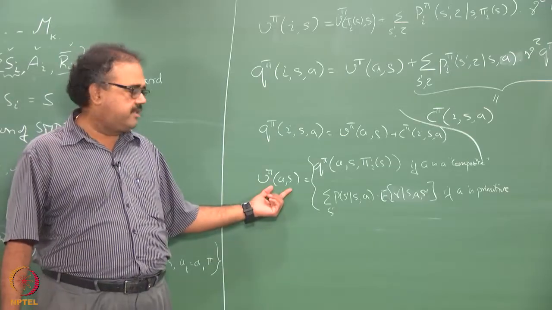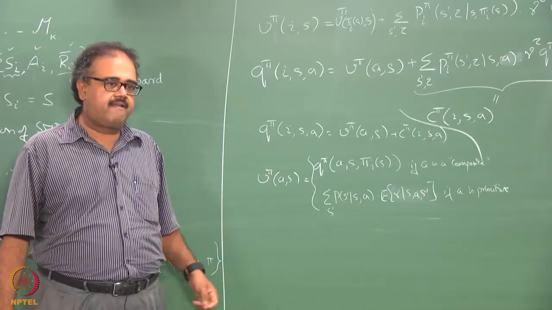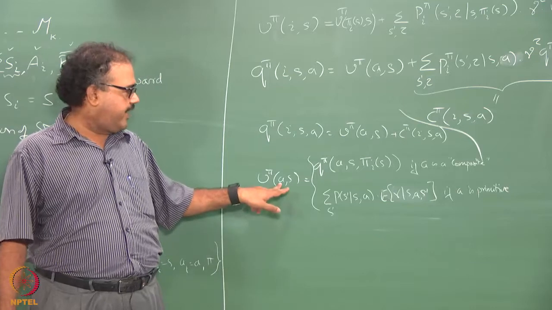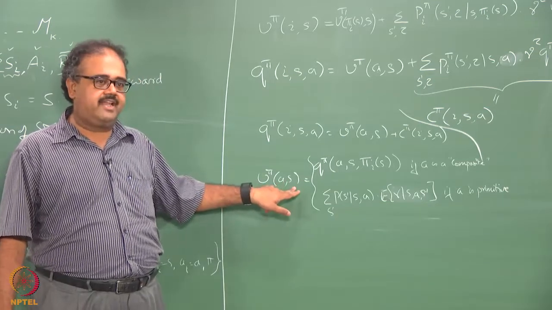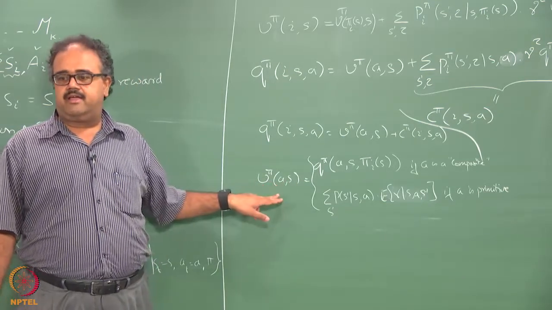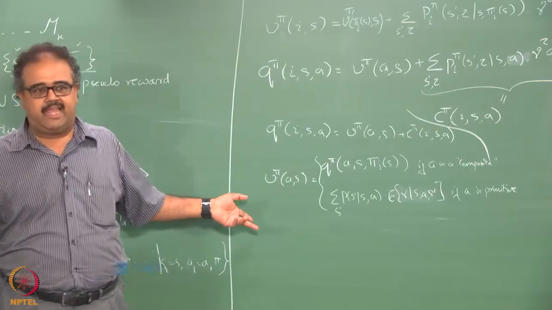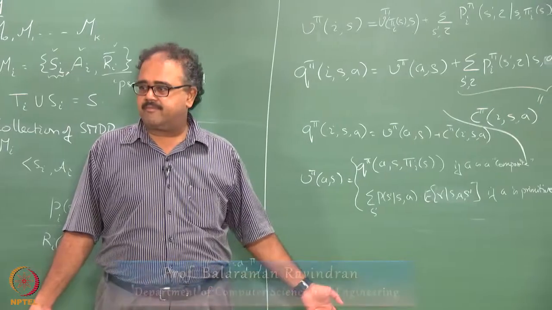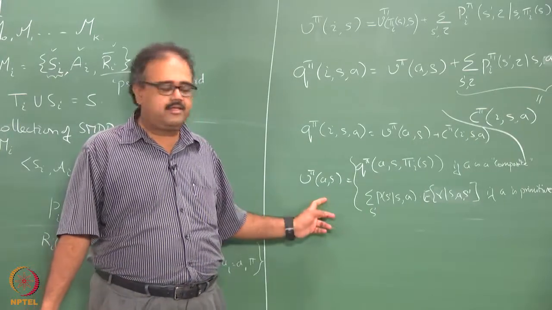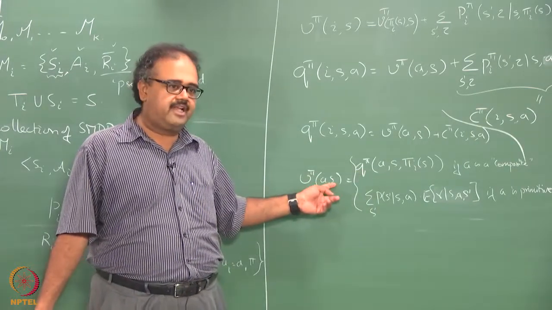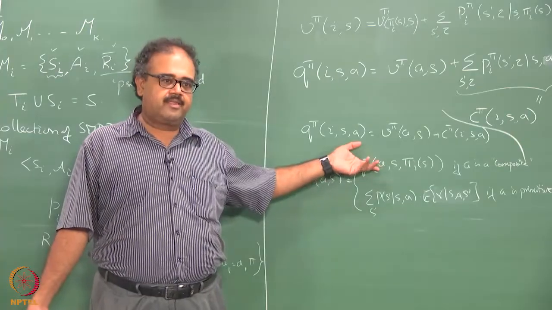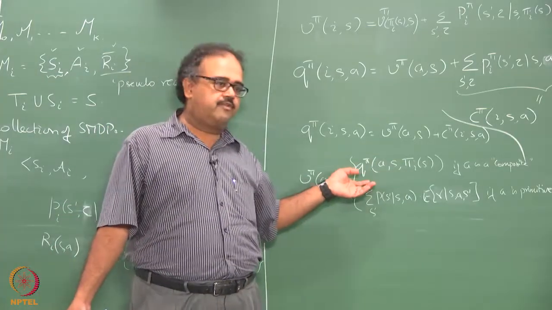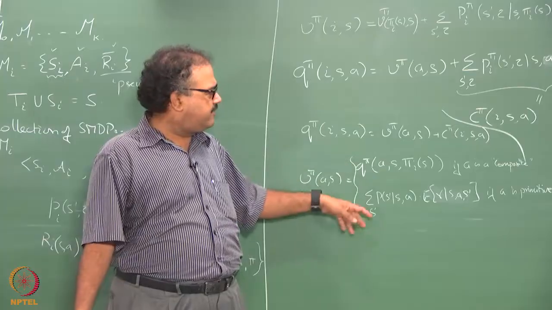This is essentially the value of state S under primitive action A, where I am marginalizing over S prime. So this will be the value of state S in subtask A, which is essentially the Q function. Now you can see it goes recursively.